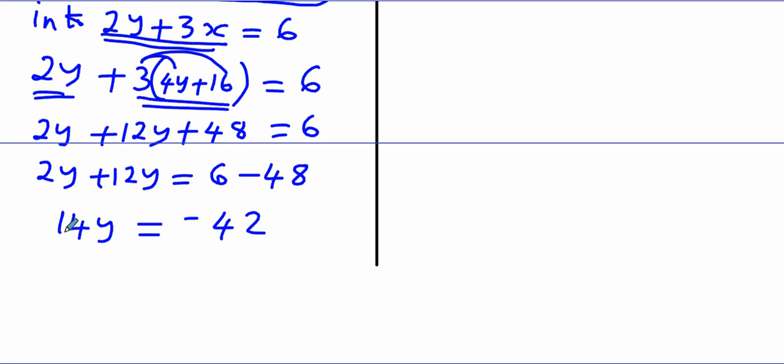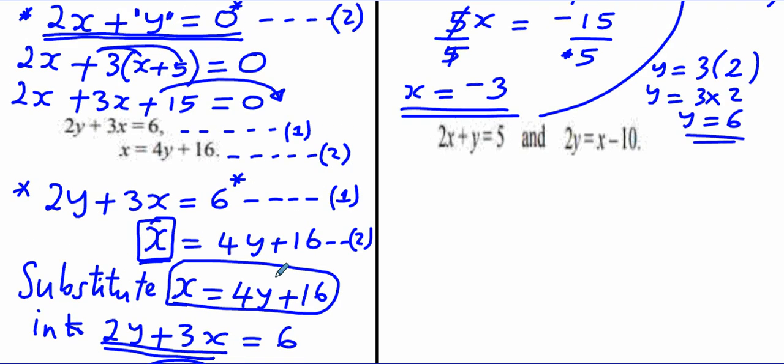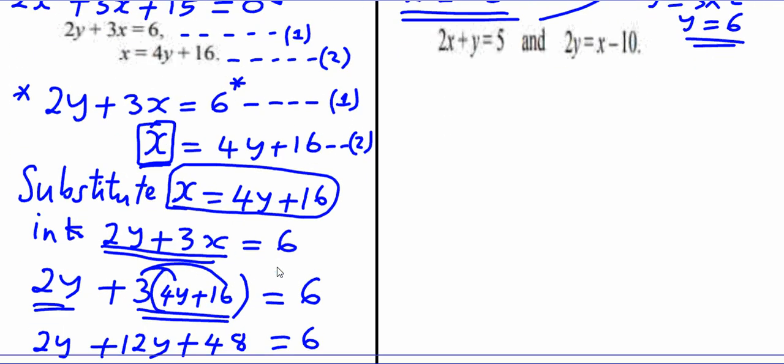To find the value of y, divide by 14, divide by 14. So y equals negative divided by positive, that will be negative. 42 divided by 14 will be equal to 3. See that? Okay, then we got y.